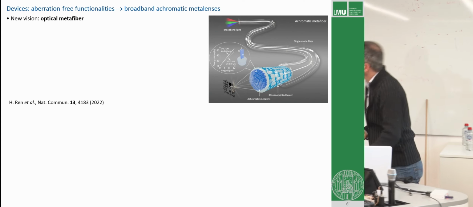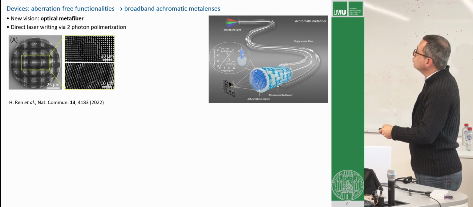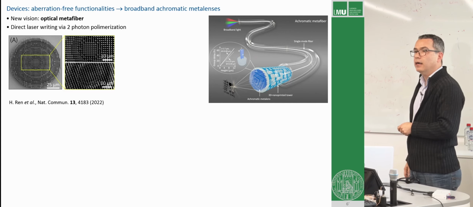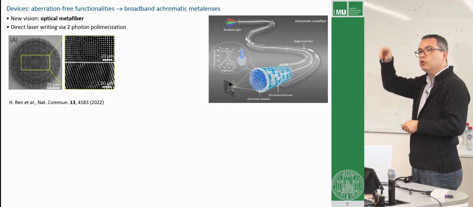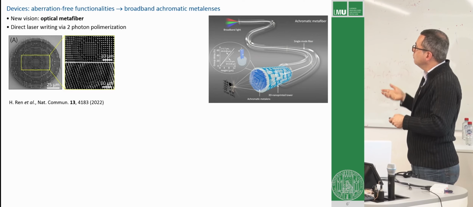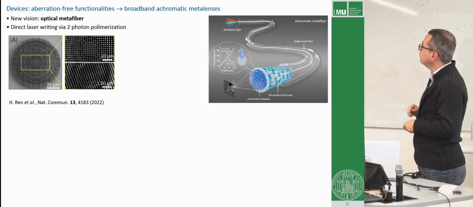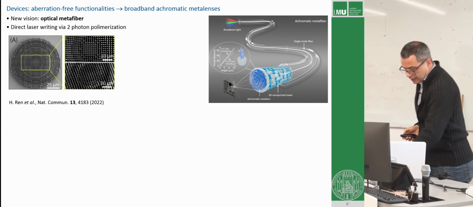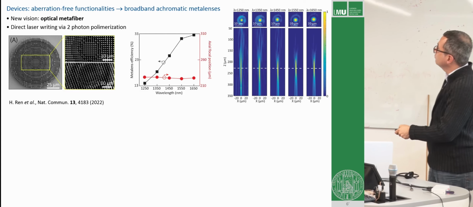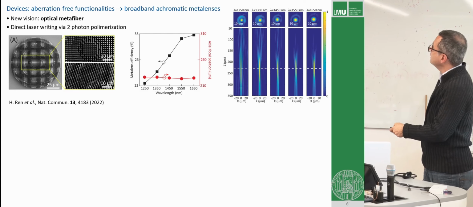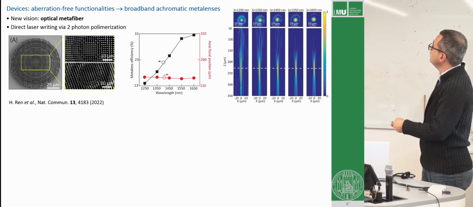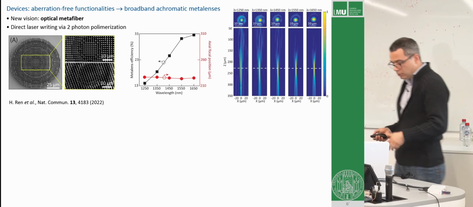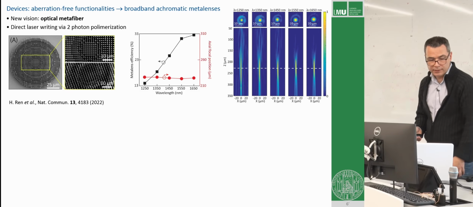And in this case, this direct laser writing has also been used in order to photopolymerize fluid polymer and construct these nanopillars, which again allow you to have the same focal position. Here is the axial focal position for different wavelengths, and here you see for each wavelength the position of the focus.